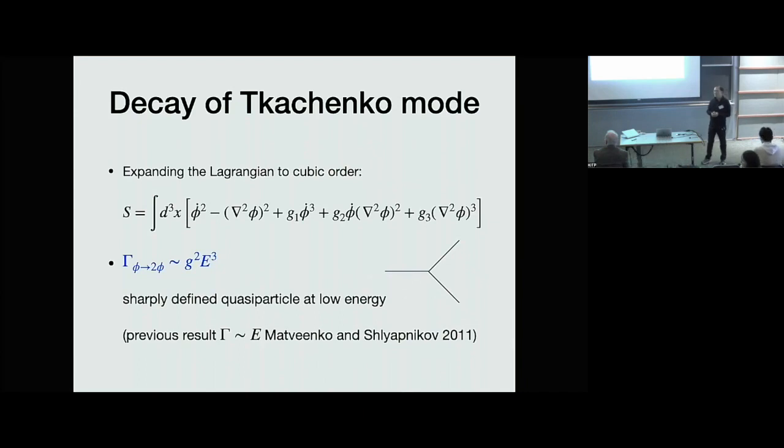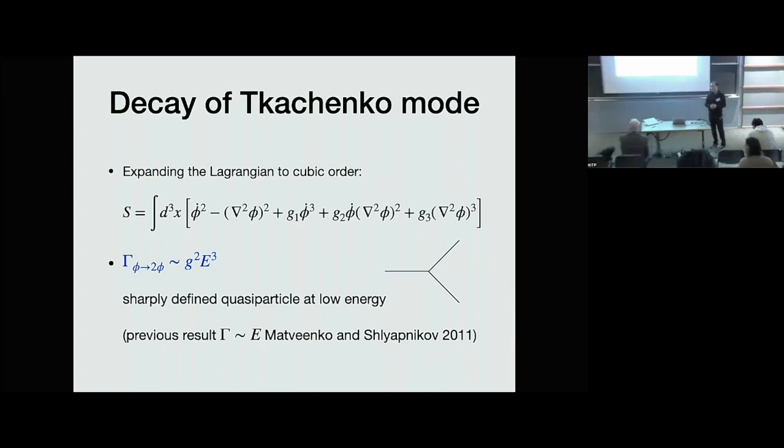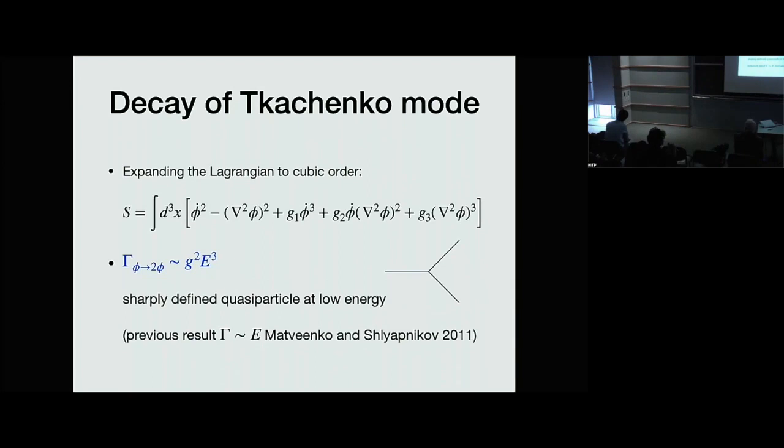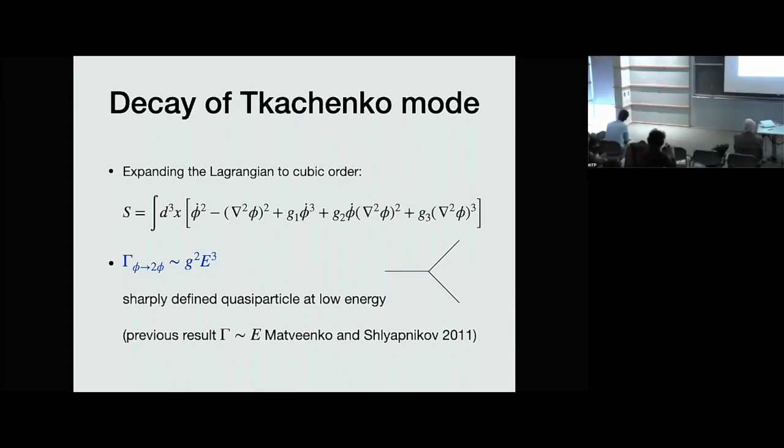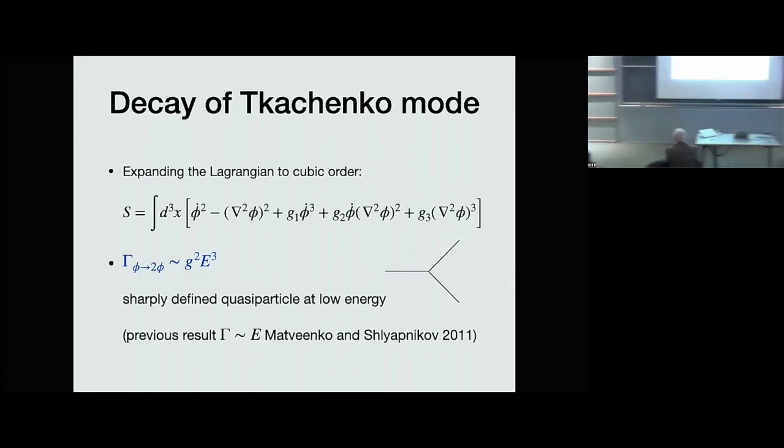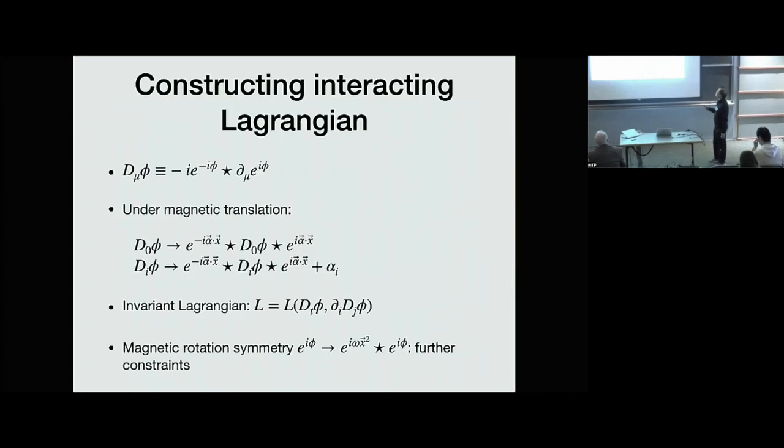Hi. At the beginning of the talk, you said that this Tkachenko mode is like a shared Goldstone mode of 3 different symmetry breakings. From this non-commutative field theory, do I understand? Is there a way to understand that? All of these symmetries are realized at the level of a single Goldstone boson.